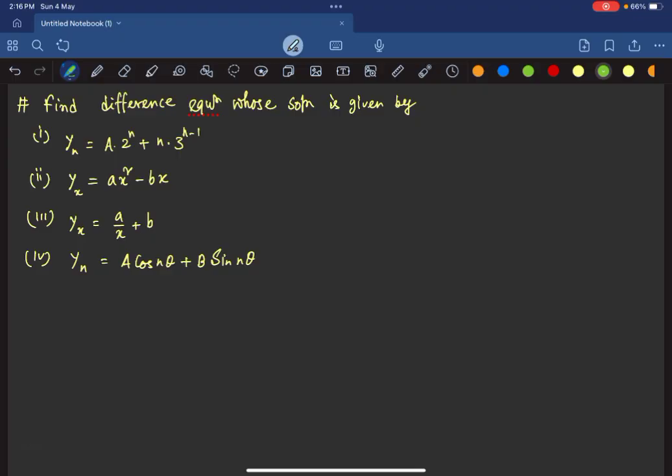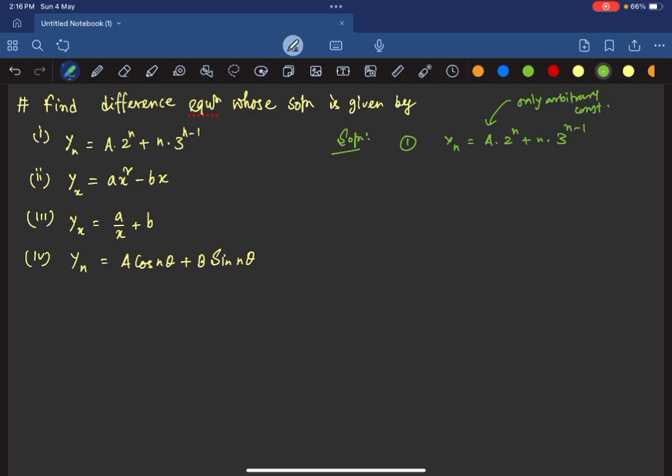Now see, for the first question, the solution, y(n), is given as a into 2 power n plus n into 3 power n minus 1. Now here, how many arbitrary constants do you have? See, a is the only arbitrary constant.